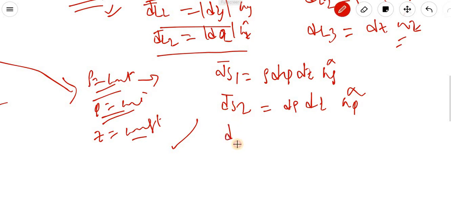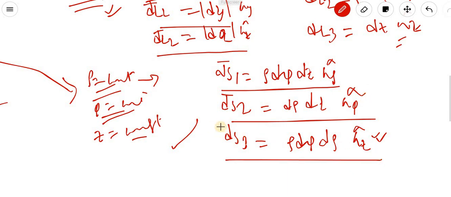And ds3 is rho d phi d rho, in the direction of z. So these are the surface elements.